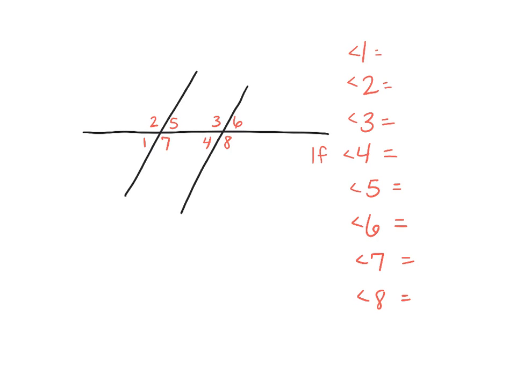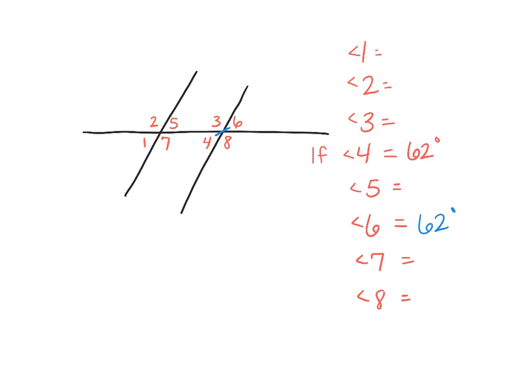Let's say angle 4 is 62 degrees, we need to figure out the other 7. All right, so 4 and 6 have to be the same because they are right across from each other. So if 4 is 62, then 6 has to be 62.